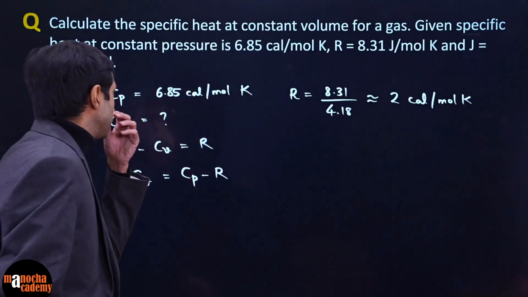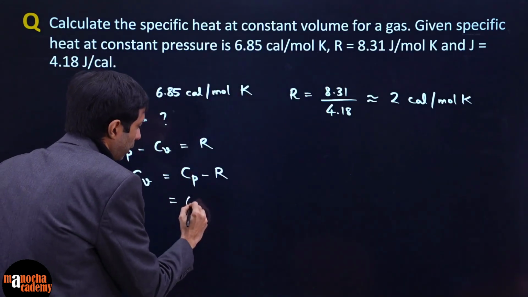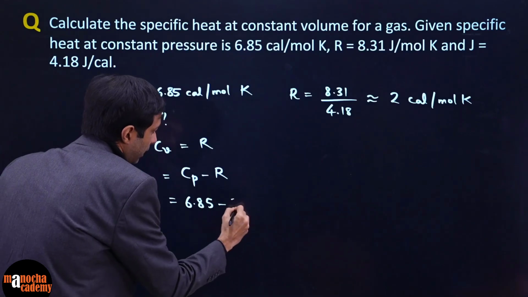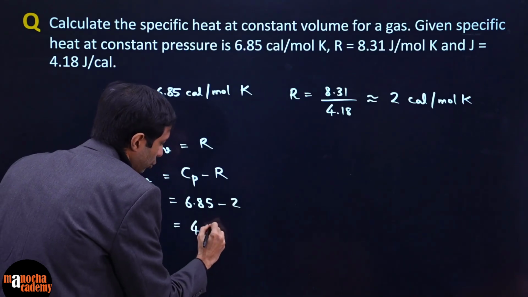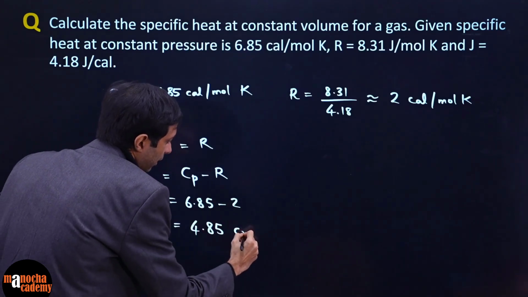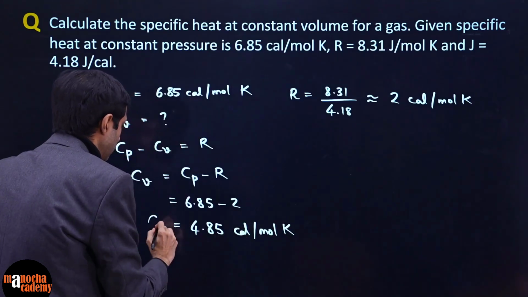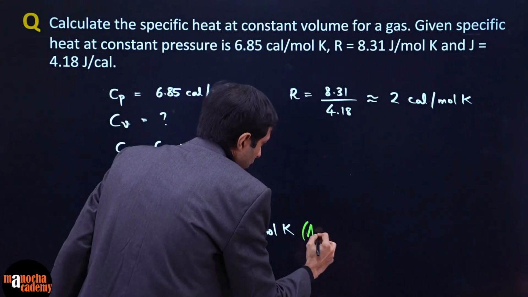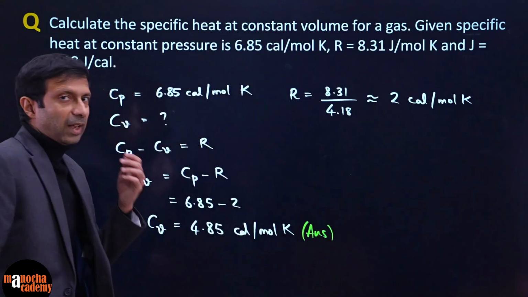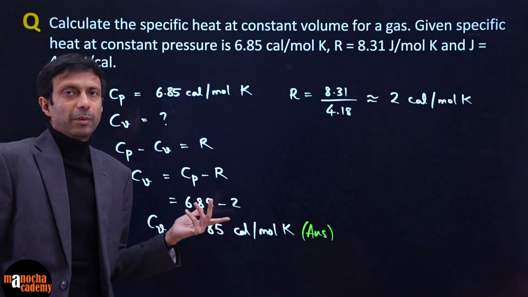So it will be 6.85 minus 2. I think the answer you should be getting is 4.85 calorie per mole Kelvin. Remaining units are the same. This is in calories. If you want it in joules, you know 1 calorie is 4.18 joules, so just multiply by 4.18.